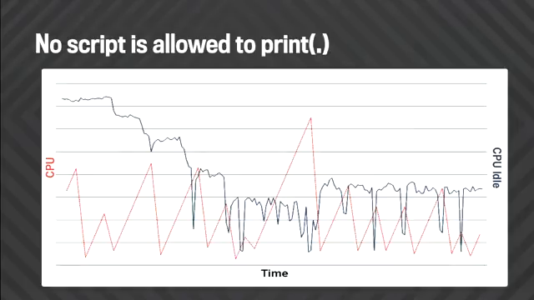You can see the orange line is plotting the CPU usage of a script that we run in production. You can see the script has some CPU spikes from time to time. The blue line is plotting the CPU idle percentage of that machine. You can see whenever the script runs, the CPU idle percentage of that machine goes down the drain.